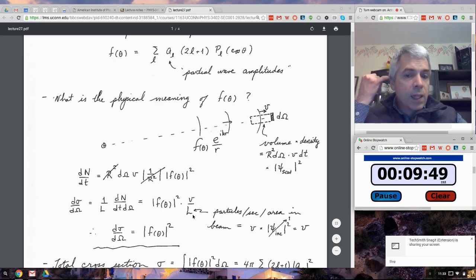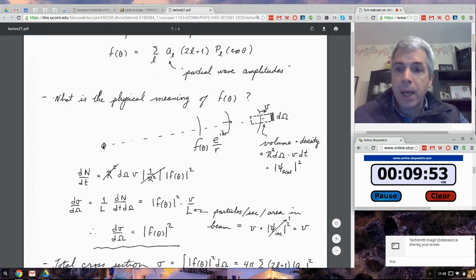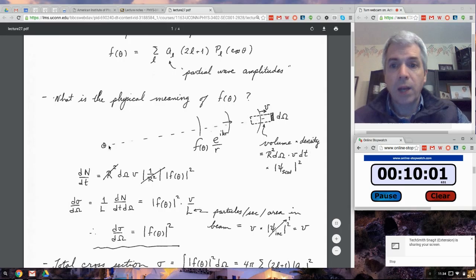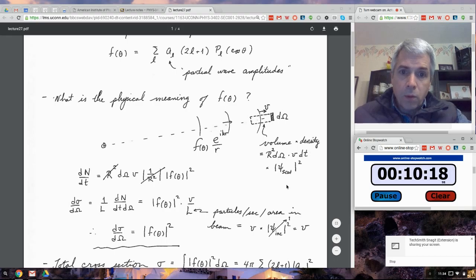What is L? L is the luminosity of the beam back at the target. As it approaches the target, we imagine this e to the ikz incident beam that was part of the scattering scenario we drew up for this quantum description of a scattering state. So if we're going to interpret particles per second from that wave, then we're going to use the same prescription as before.